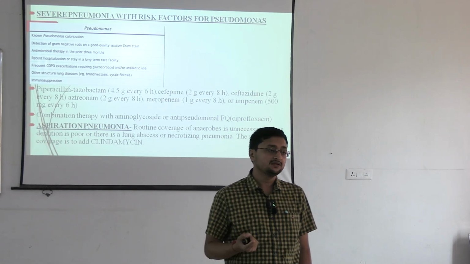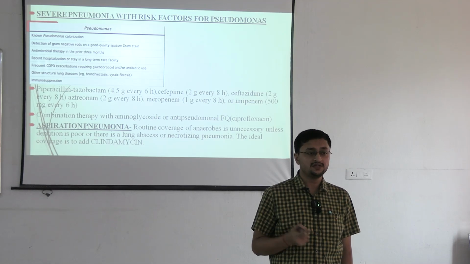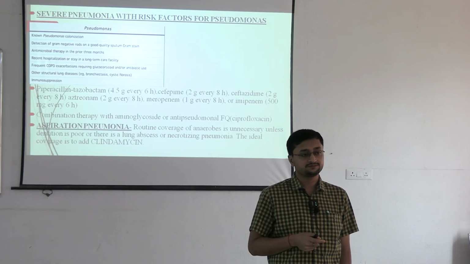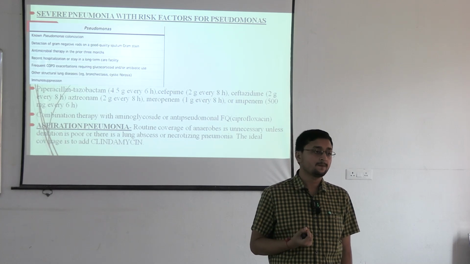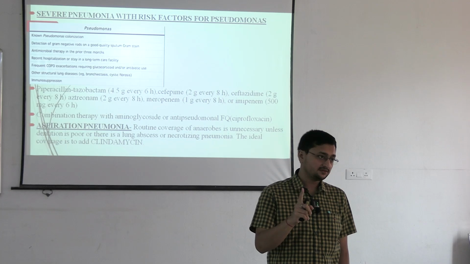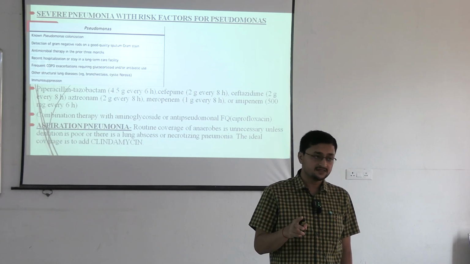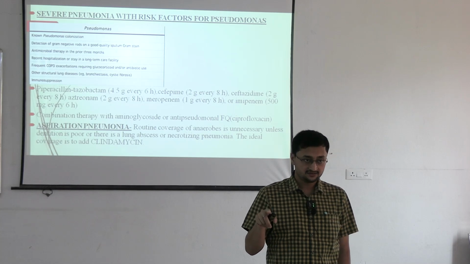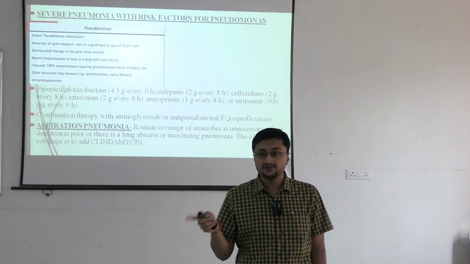Why is there an increased chance of aspiration pneumonia in these segments? From basic knowledge, what does anatomy say? The right bronchus is at a 90-degree angle. So there is every chance of aspiration more than the left one.